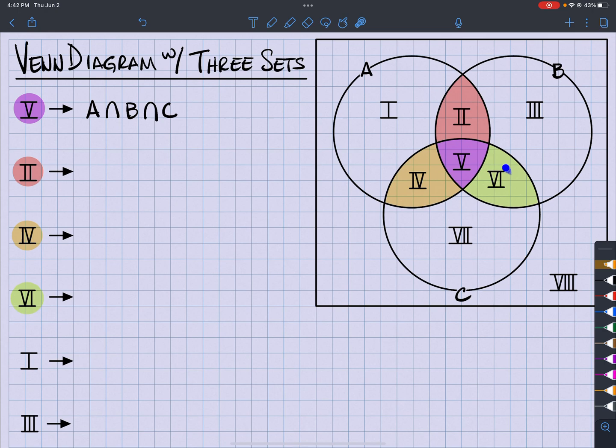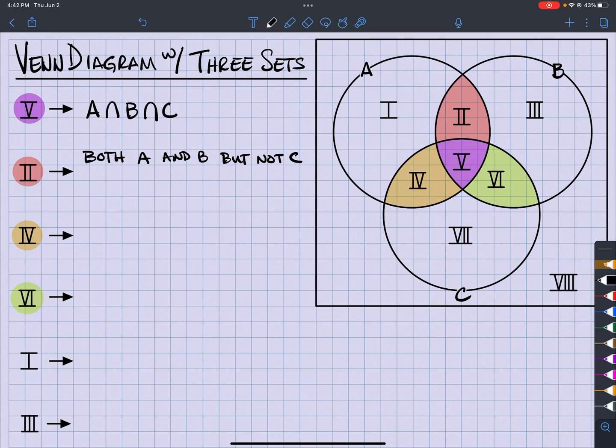So again, it is both A and B, but not C.